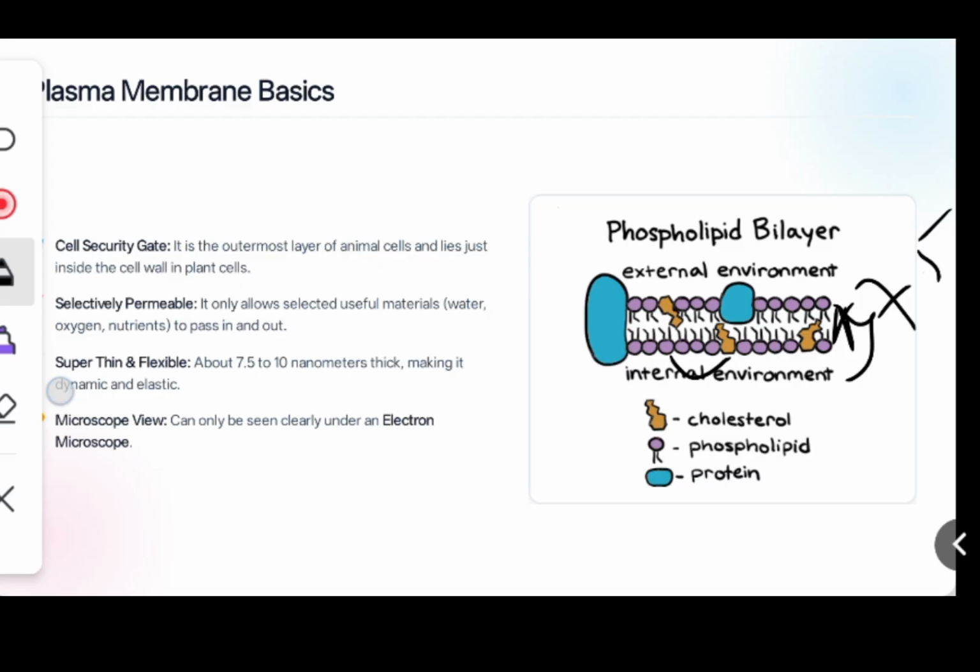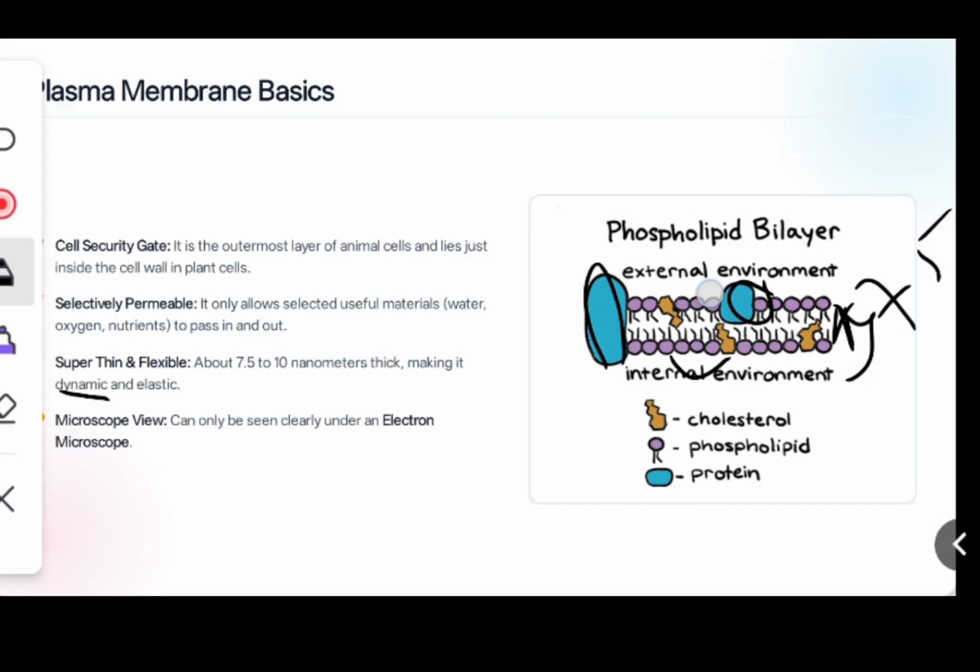Why am I saying it is dynamic? It contains several components like proteins, phospholipids, cholesterol and carbohydrates. There are several types of molecules, not the same. They have different structures, like protein has a different structure and lipids have a different structure, and it isn't static. All the phospholipids and proteins present inside the plasma membrane move from one place to another place.